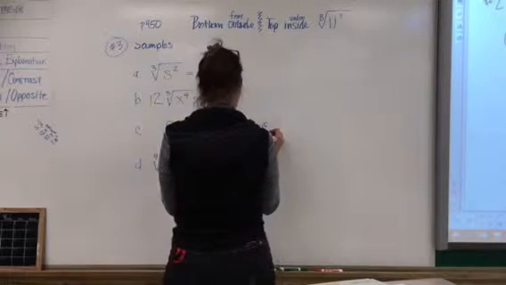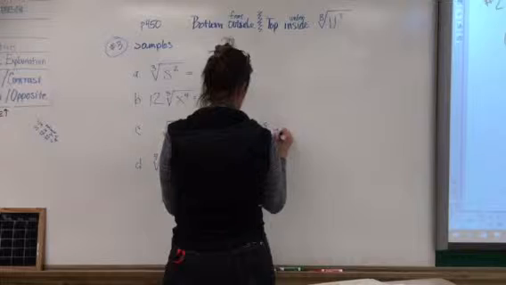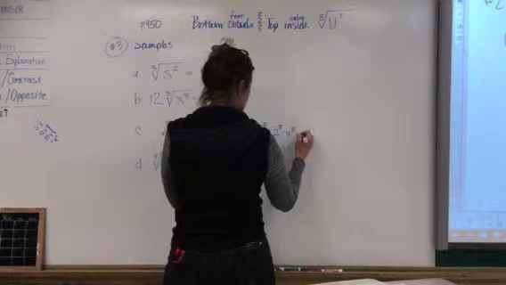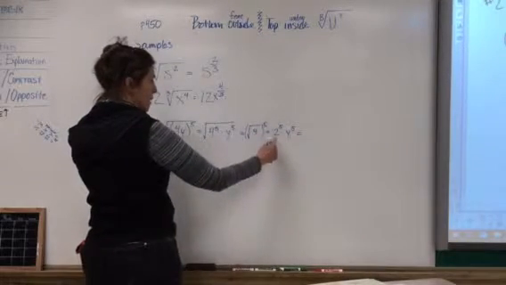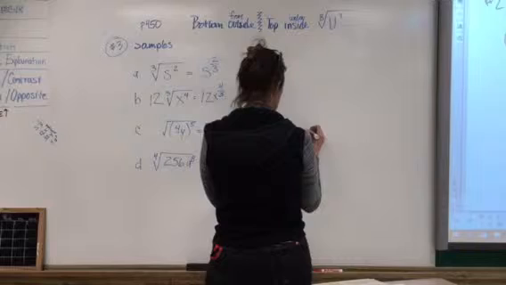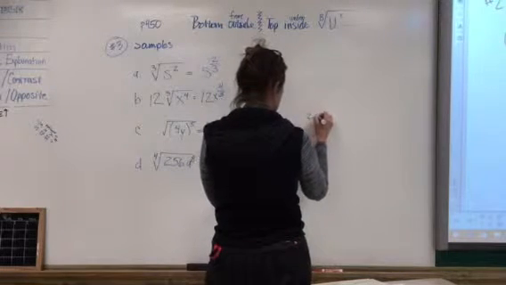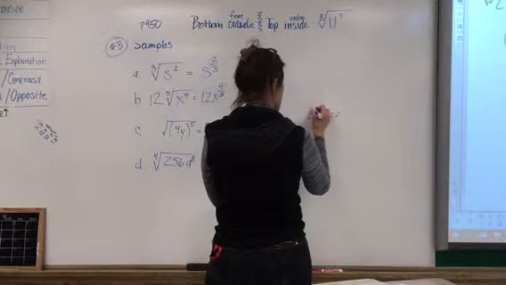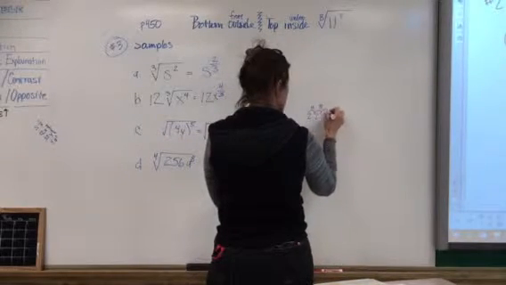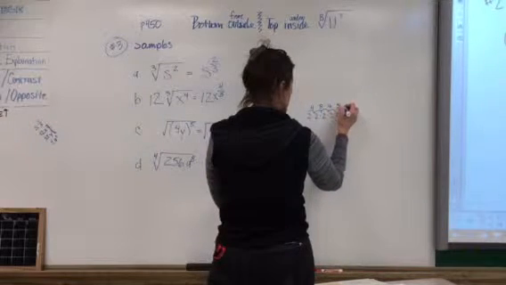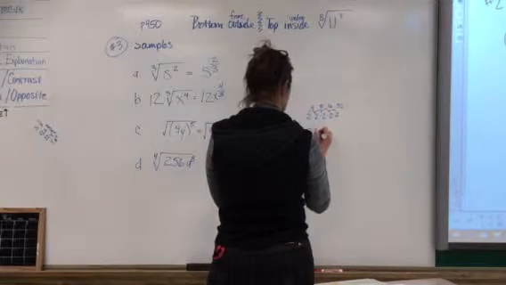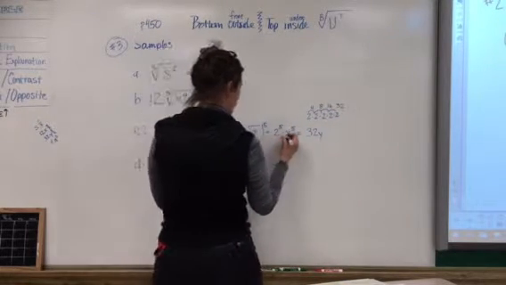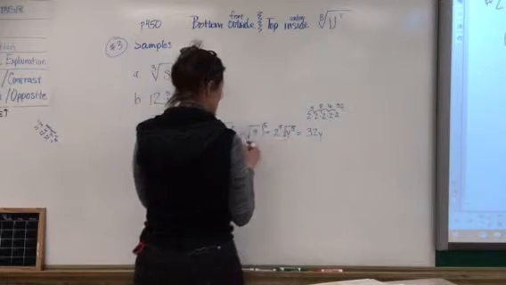Or I can just say 2 to the 5ths, and then I'm going y to the 5ths. I can multiply that out though. So 2 to the 5th is 2 times 2 times 2 times 2 times 2, 4, 8, 16, 32. 32 y, but you have to remember this is still under the square root.